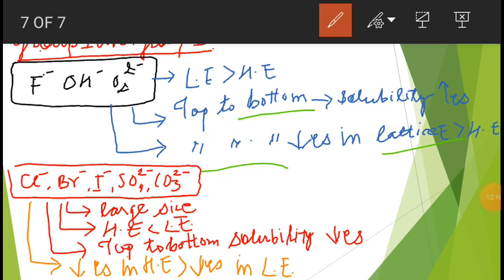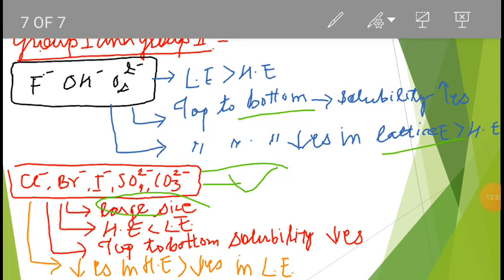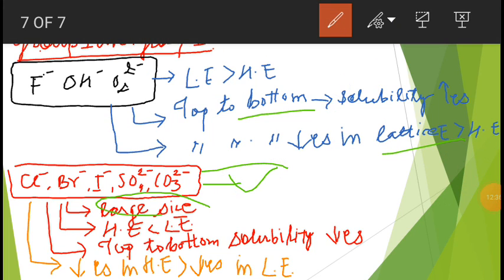If we talk about group 1 and group 2 anions, chloride, bromide, iodide, SO4 2 negative, CO3 2 negative, these ions are large in size. These are large size anions and hydration energy dominates over the lattice energy in these anions.